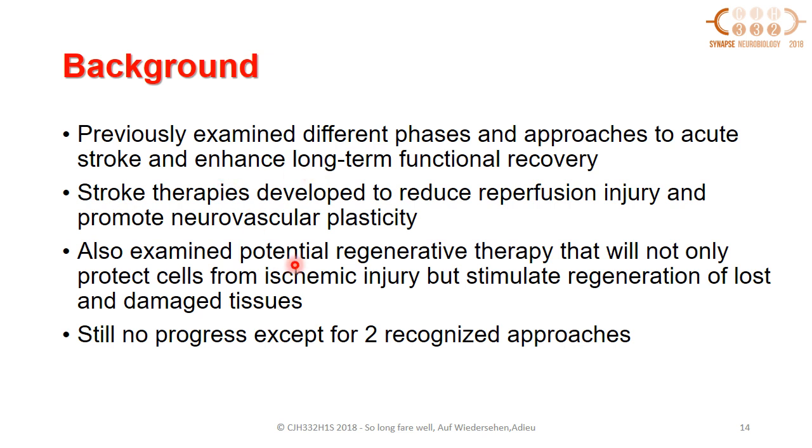Up until now, what we've been trying to do is to reduce reperfusion injury. Drugs like tPA, for example, help to reperfuse tissue, and we want to reduce the red infarcts that might result. We want to get fast recovery, and we want to make sure that the vasculature and the blood vessels are recovering well. But we don't really have a good regenerative therapy.